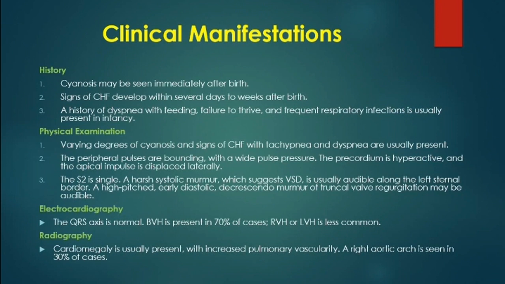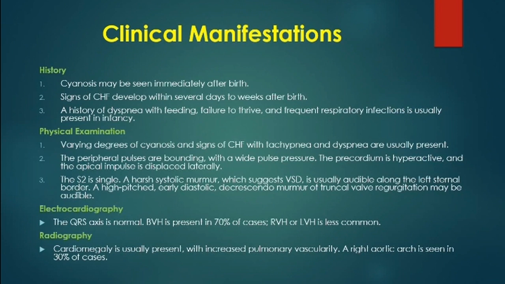By physical examination, there are varying degrees of cyanosis, signs of congestive heart failure, tachypnea, and dyspnea. The peripheral pulses are bounding with wide pulse pressure, hyperactive precordium. The apical pulse is displaced laterally.